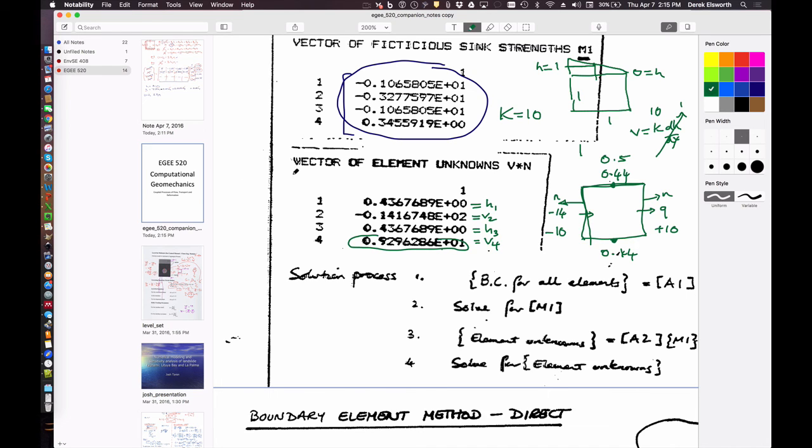If you subdivided it so that instead of having just one element on each side, you had, say, 4 elements on each side, like this, then you could solve it and you'd get a much better solution, except now instead of solving 4 equations, which we've just done, you'd have 16, right? Because those would be the number of elements you'd have. And so it's not a bad solution, actually. 14 instead of 10, 9 instead of 10, and 0.44 instead of 0.5, just from doing this.